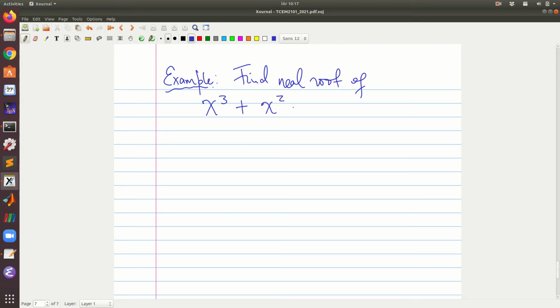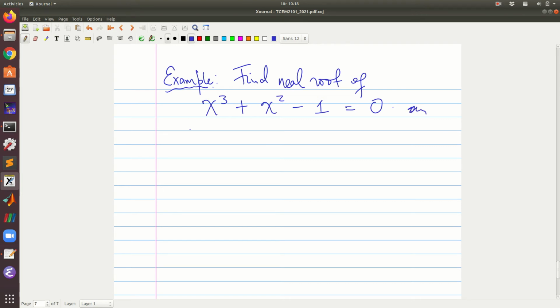We said we shall keep it simple; we shall just do polynomials or transcendental functions. So we have the root of the equation on the given interval. The interval is 0, 1, and it is a closed interval.